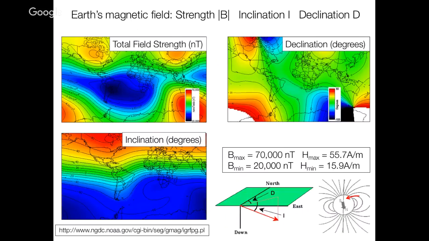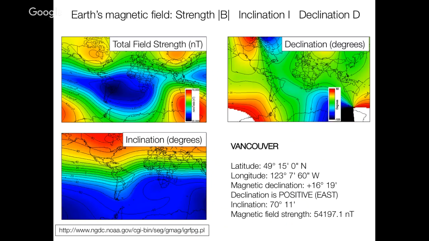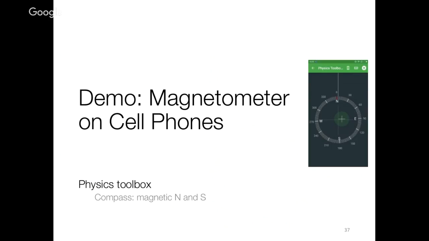And so in Vancouver, where we are here, the inclination is about 70 degrees. So for all intents and purposes, it's pretty much vertical. So that's a good way to kind of think about it. And yeah, the declination was about 16 degrees. So we're not 100% true north, but actually not too bad.